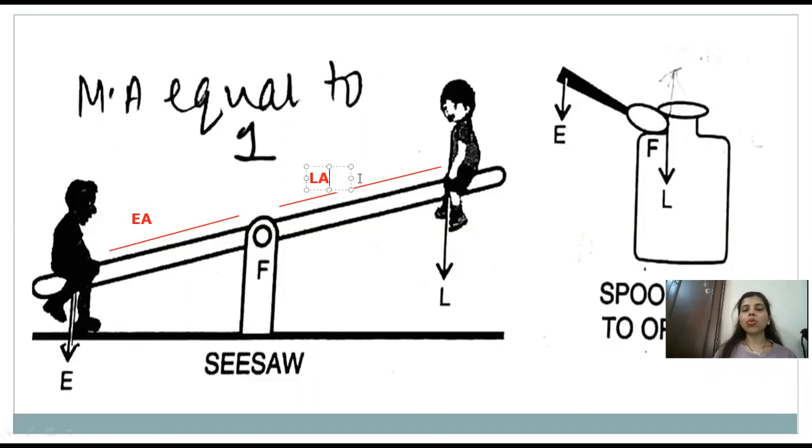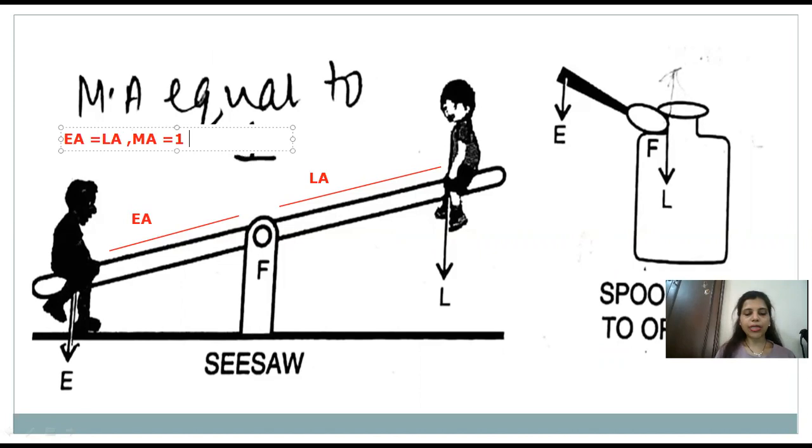So as you can see, both the lengths, load arm and effort arm, are equal. So EA is equal to LA, load arm is equal to effort arm. Therefore, MA is equal to 1. So now when MA is equal to 1, what is the use of this particular lever?